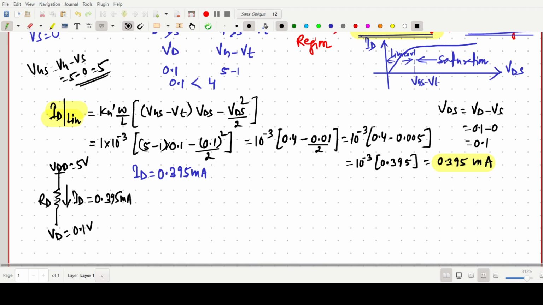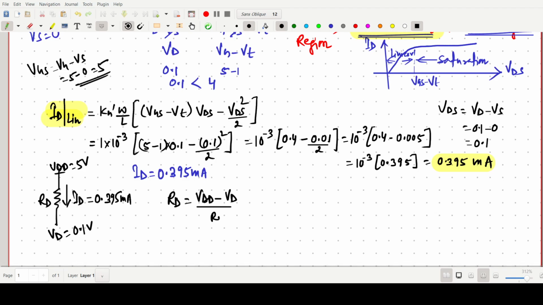So using simple KVL or KCL concept, Kirchhoff's concept, or simple network concept, we can write this RD value will be VDD minus VD by ID. So this should be 5 minus 0.1. Higher potential minus lower potential by this current will give the resistance value.